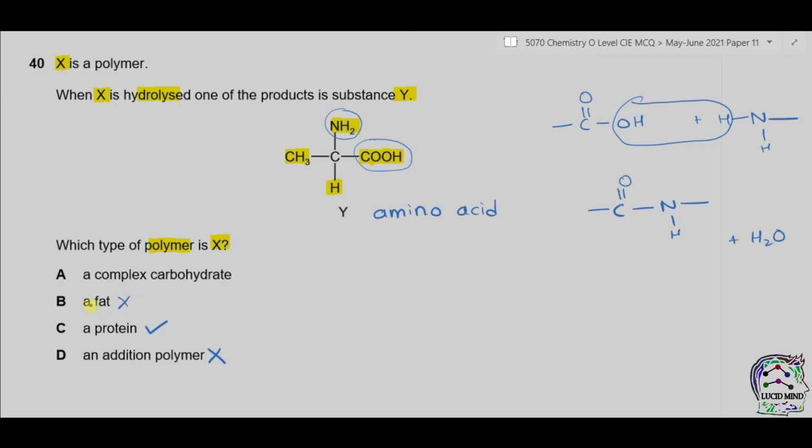B is also incorrect because in fats ester linkage is present, while in this one we have amide linkage. It is also not a complex carbohydrate because in this one we have an oxygen bridge. Correct answer is therefore part C.